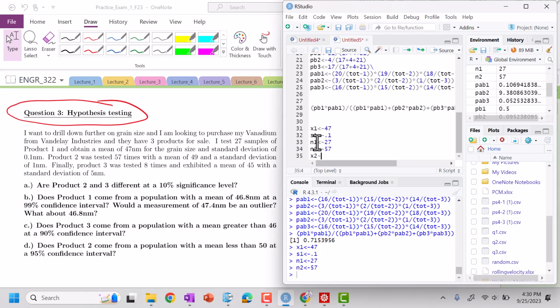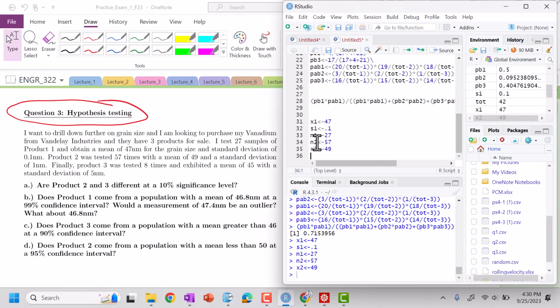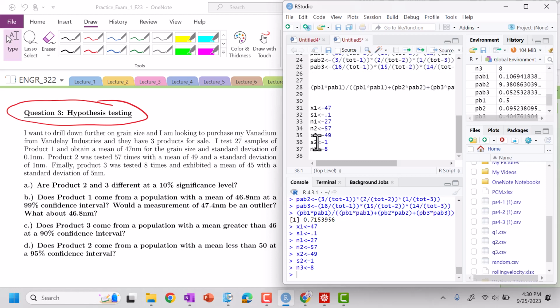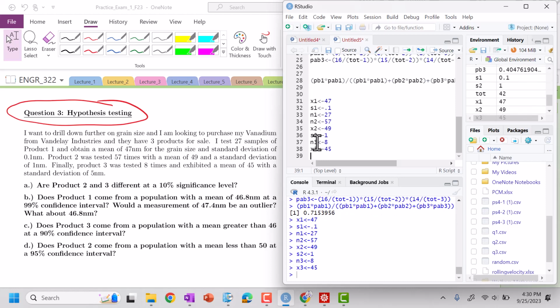X2 is 49. And then S2 is 1. N3 goes to 8. X3 goes to 45. And S3 goes to 5. There we go.